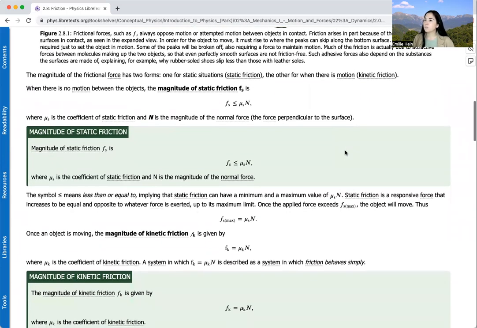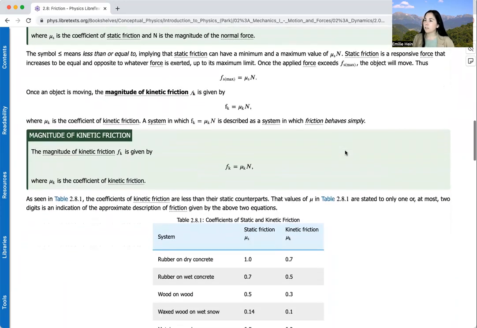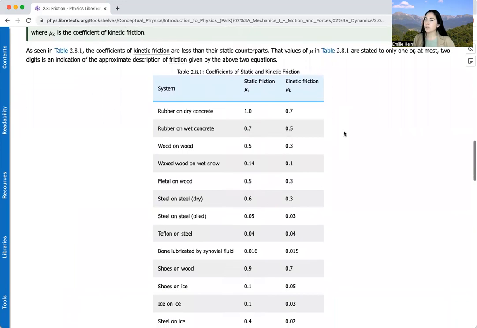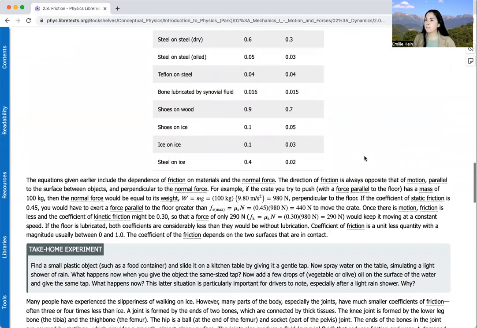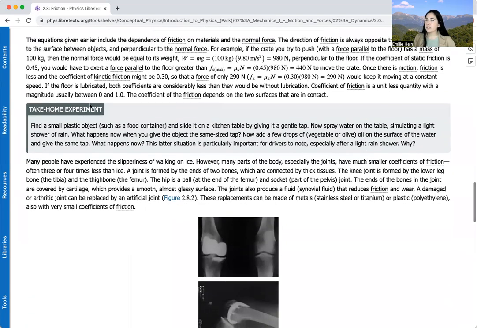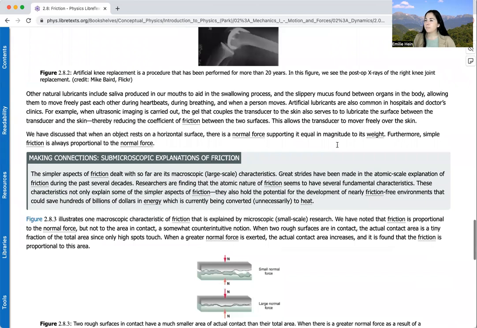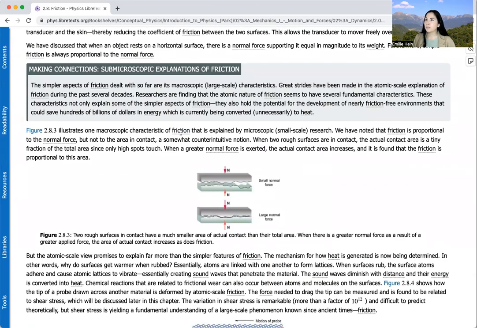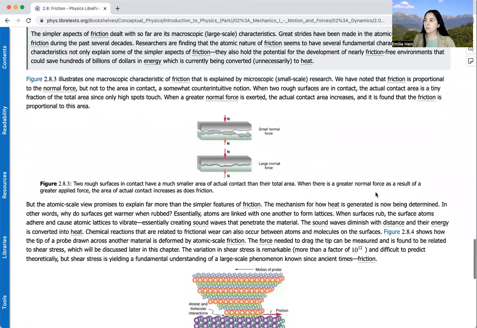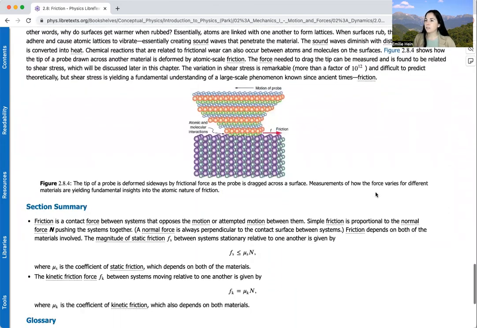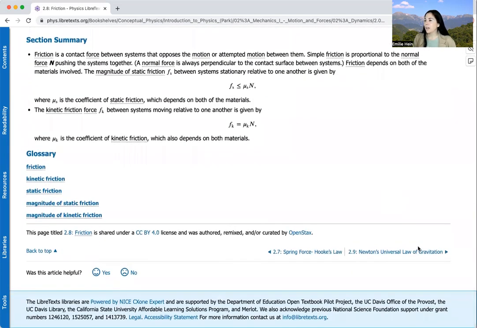And once it's moving, you're still going to experience friction, but less so. So this is all explained here, looking at the difference between static friction and kinetic friction. You can see you have some take-home experiment if you want to, and also figuring out what is happening at a microscopic level to understand what is going on with this force of friction.